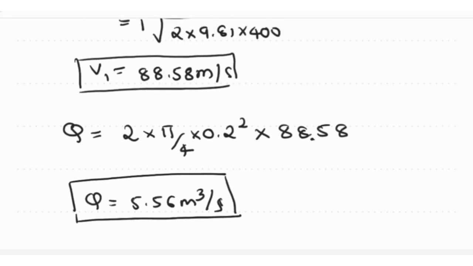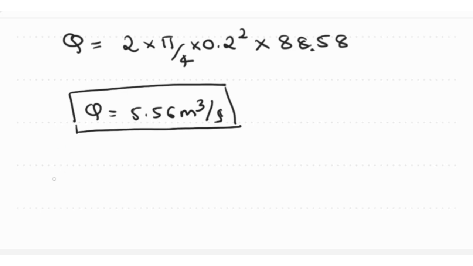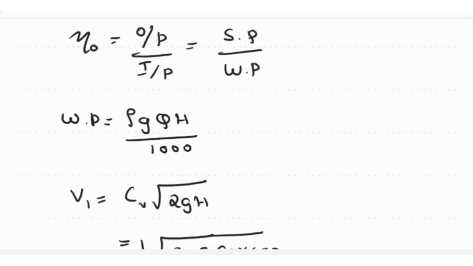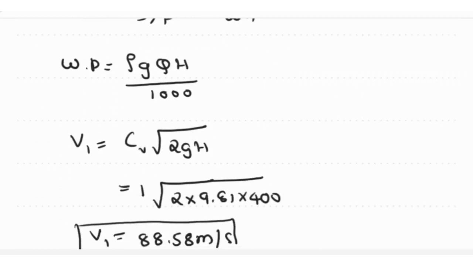So I will substitute in the overall efficiency. The shaft power is given as 15450 divided by water power, which is rho g Q H divided by 1000.